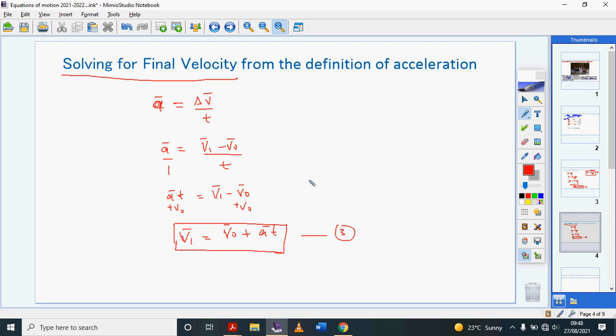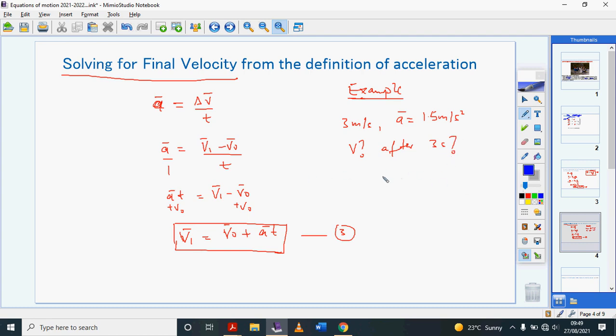So if I told you that, for example, you were looking at Solomon and you started seeing him when he was running at 3 meters per second, and then he ran with an acceleration of 1.5 meters per second squared, and the question is, what is his final velocity after 3 seconds? Well, you would just use the equation.